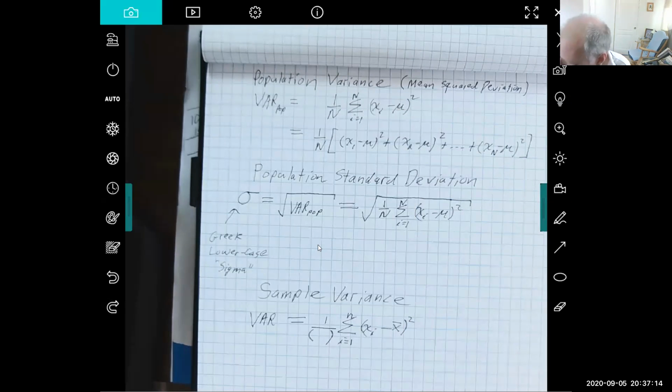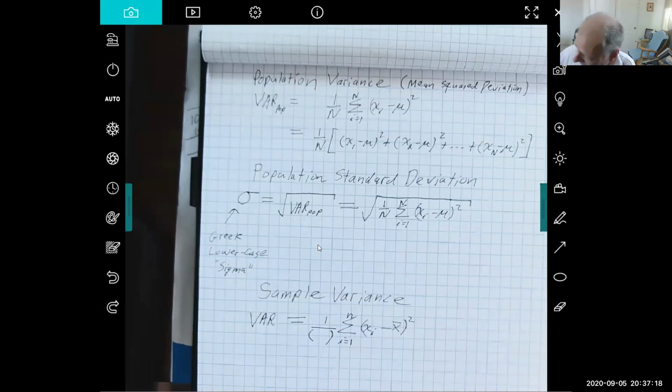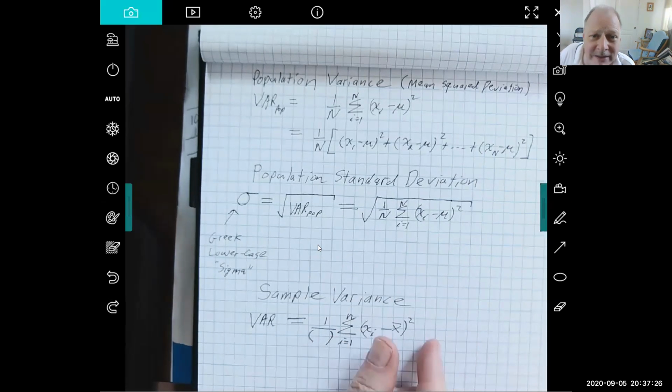So when I replace the mu that holds still with an x bar that moves around to be close to the xi's, it creates bias, and it makes this thing tend to be too small.